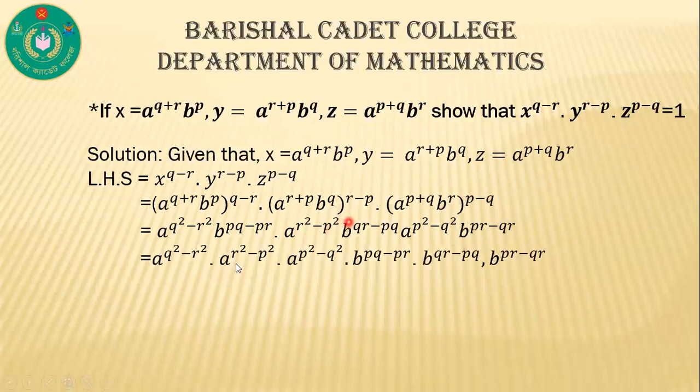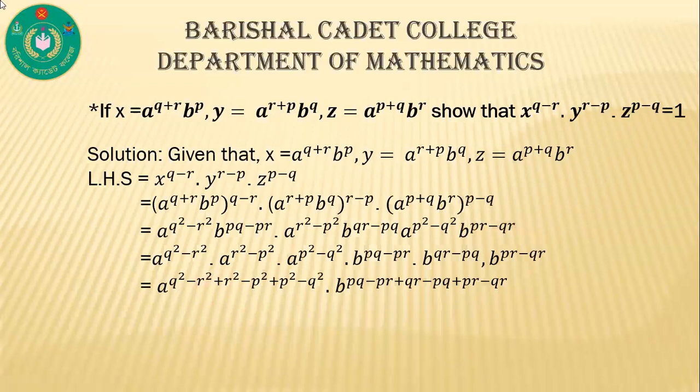Now arranging same terms, a to the power q square minus r square, a to the power r square minus p square, a to the power p square minus q square, and b to the power pq minus pr, b to the power qr minus pq, b to the power pr minus qr. Now we know here the same base a.